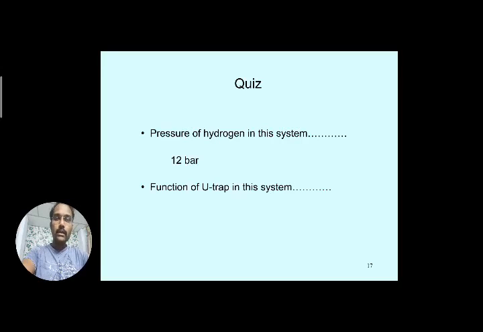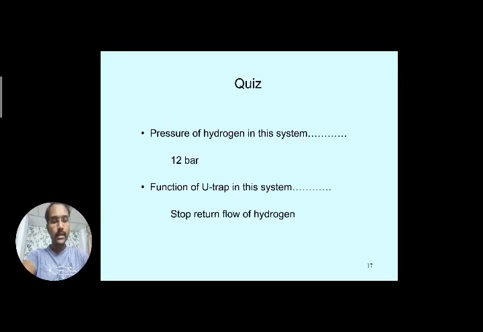The next question is the function of the U trap in the system. Already explained, there is a U-shaped trap placed for a particular purpose: the hydrogen gas should not come back and enter the condenser. It is placed before the U tube, so that it stops the return flow of the hydrogen.